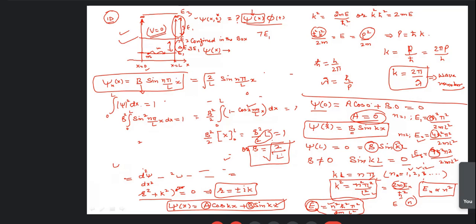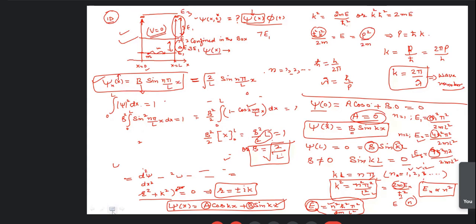You have different wave functions, different energy states; the particle is in different energy states. So the wave function psi is a function of this discrete variable n, and it also depends on x, which is a continuous variable here. That's why it is a continuous function of x.